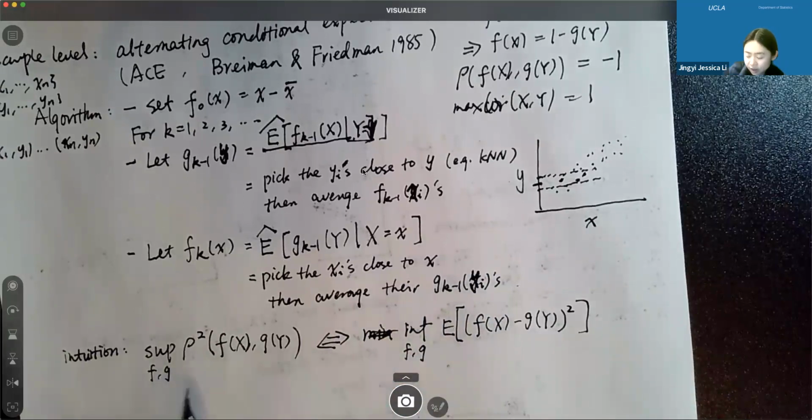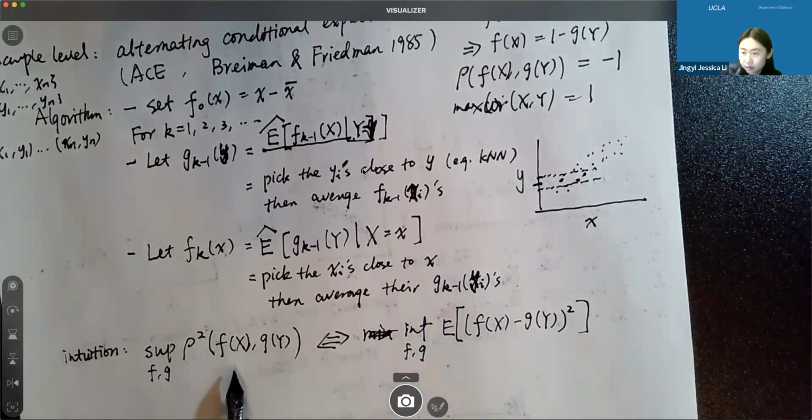That is, if you consider f(x) and g(y) to have variance equal to 1, then the squared Pearson correlation is basically the square of their covariance.